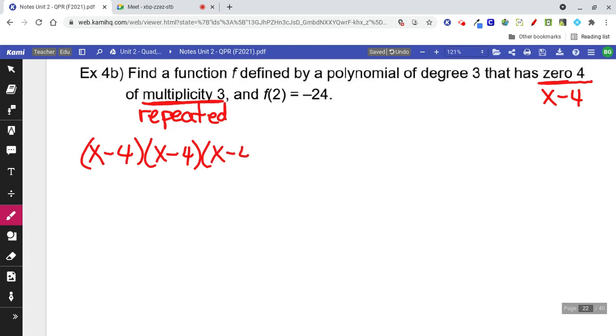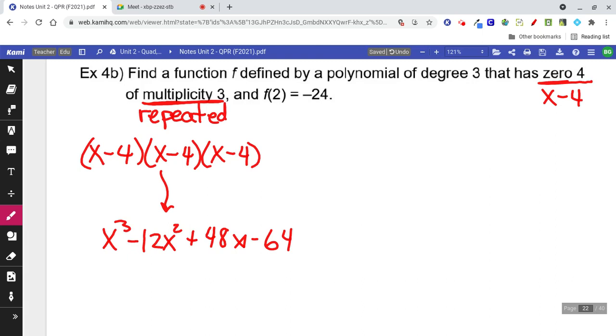Okay? So we have x minus 4 times x minus 4 times x minus 4. Now I'm going to save you the multiplication, the distributive property, and that's going to turn into x cubed minus 12x squared plus 48x minus 64. That's what you get when you FOIL that all out, when you distribute that all out.